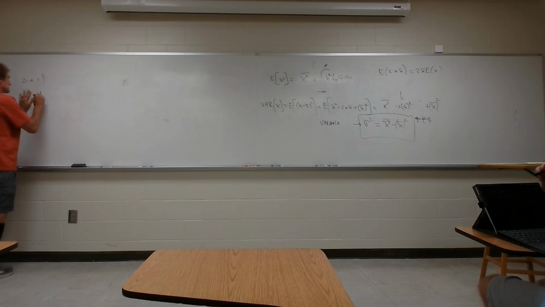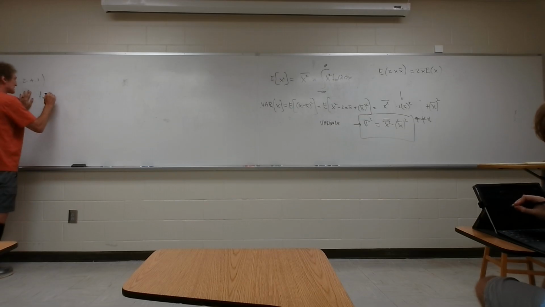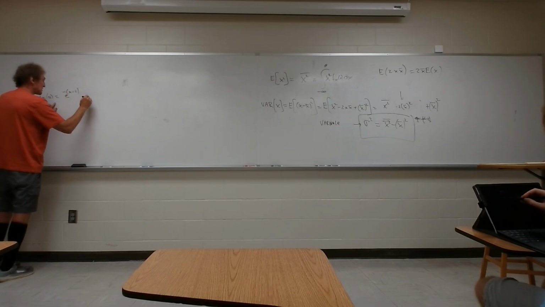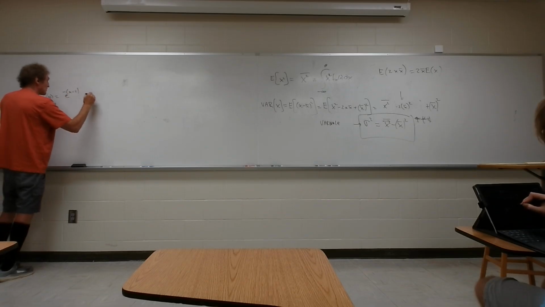The one they use is f of x equal to, you tell me if this is right, e to the minus (x minus 1) times u of (x minus 1).